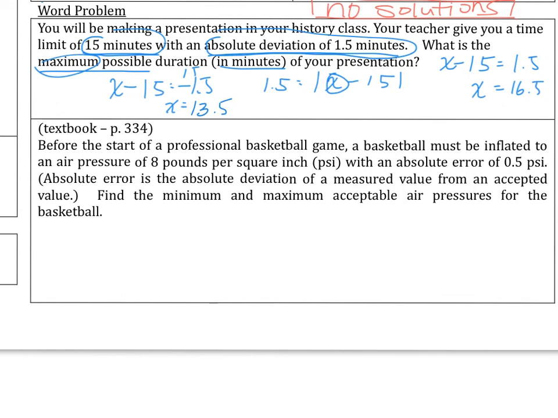Now, first we need to label these as minutes. Since 16.5 is bigger, this would be the maximum. And we want to use 16.5 minutes as our answer. And of course, just for your information, this would be the minimum number of minutes.